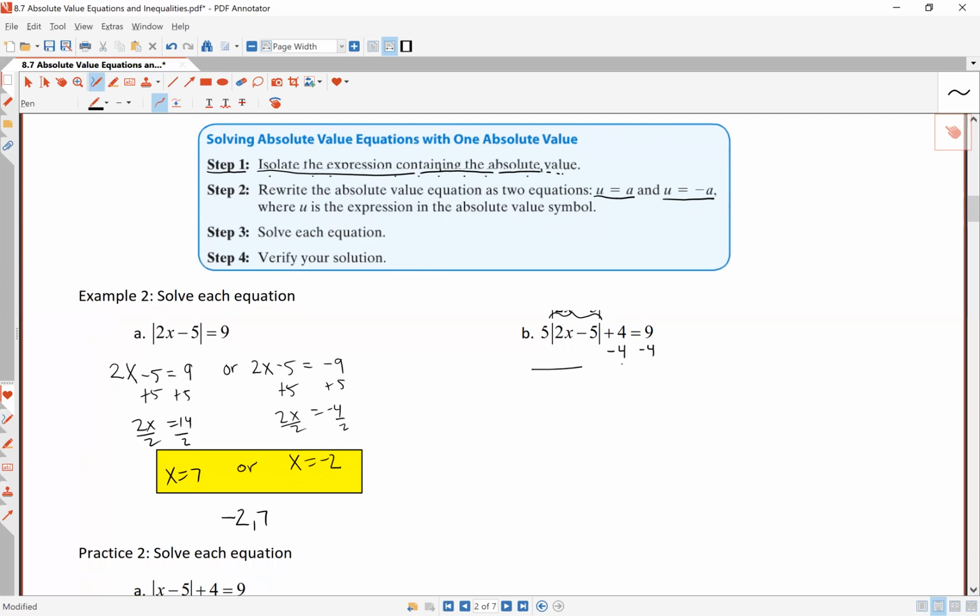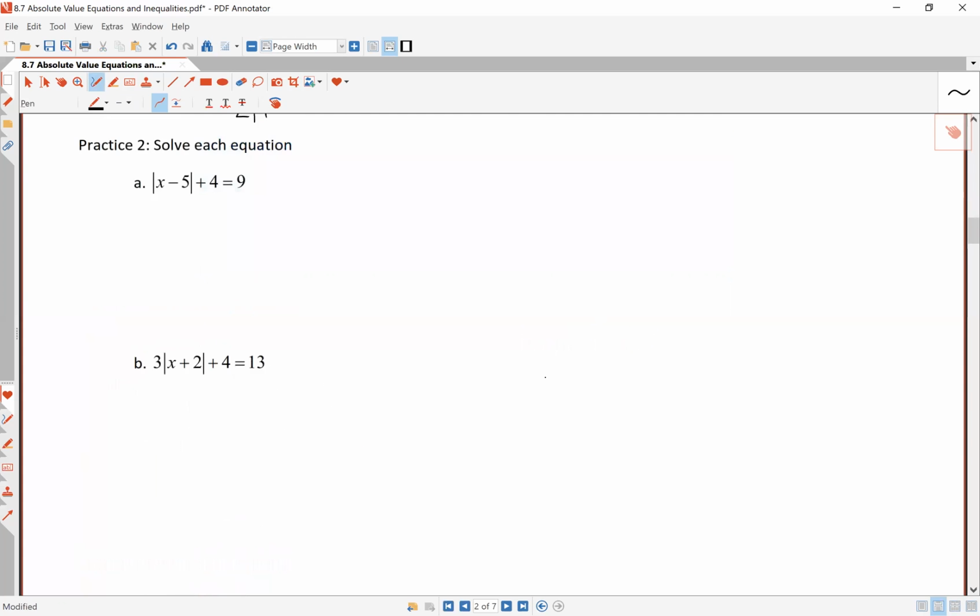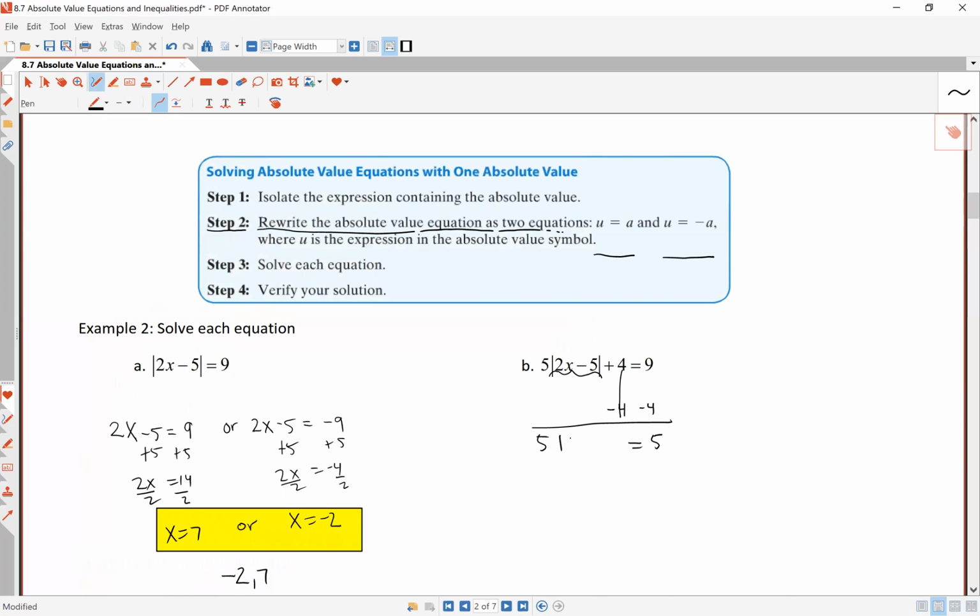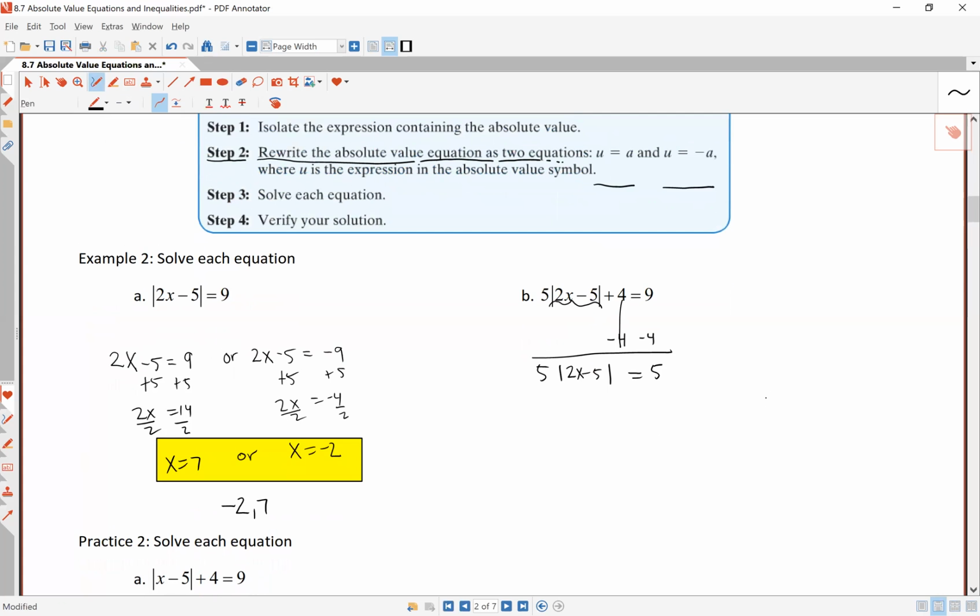So we subtract 4 from both sides and get 5 times the absolute value of 2x minus 5 equals 5. We solve for the absolute value by dividing both sides by 5, and we have the absolute value of 2x minus 5 is equal to 1.